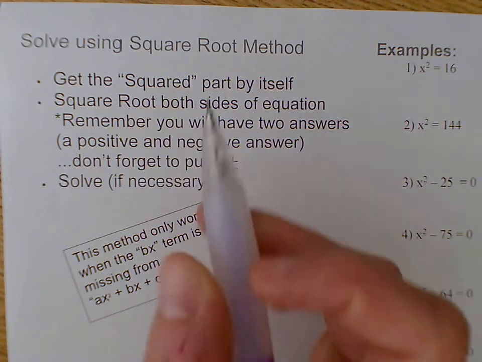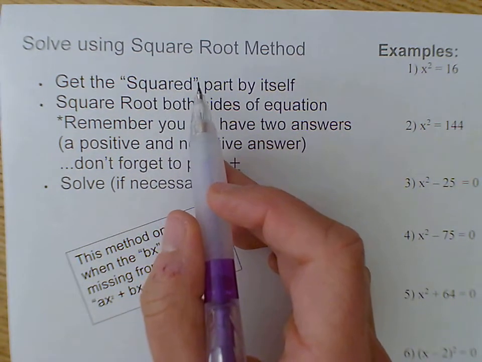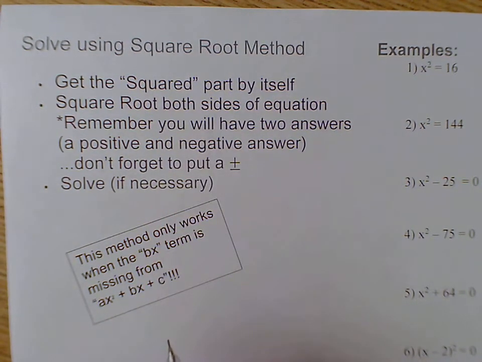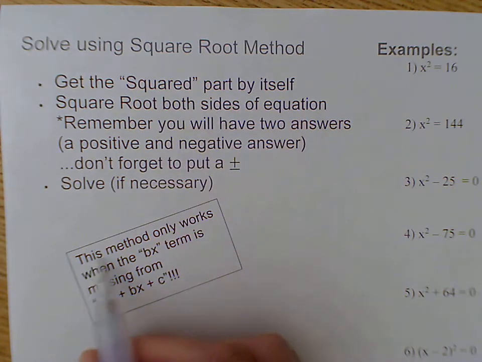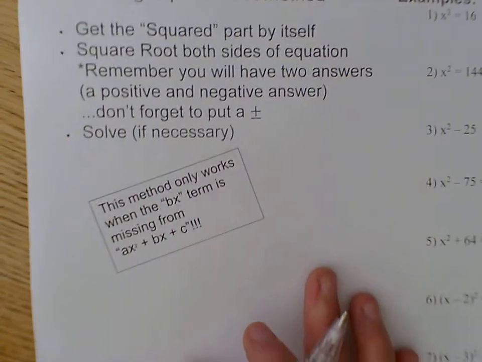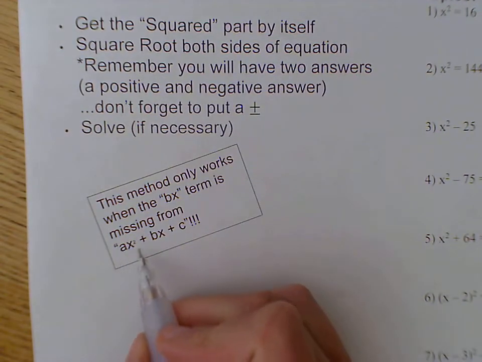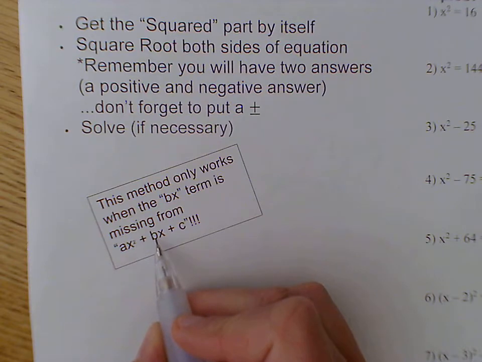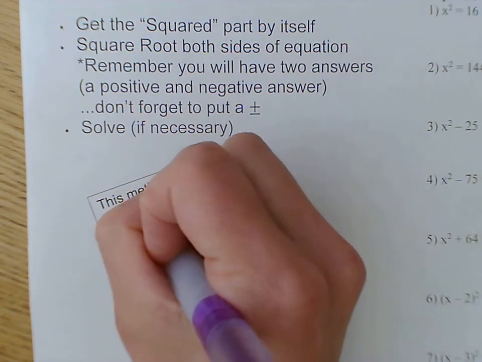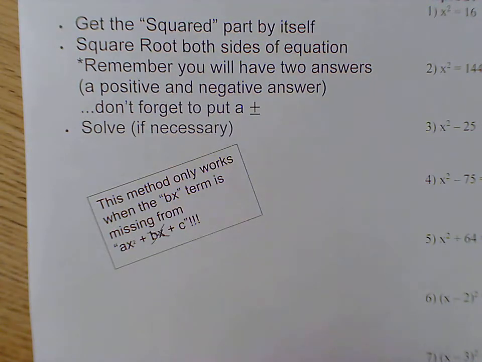Now, when does the square root method work? It's not going to always work. The only time this method works when you're solving quadratics is if you are missing the bx term from the expression. If you had ax squared plus bx plus c, you want to be missing the bx part for this to work.